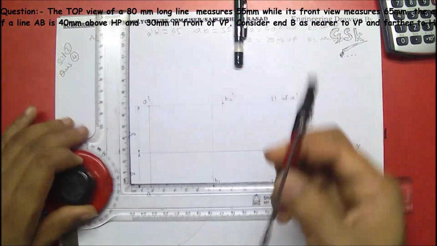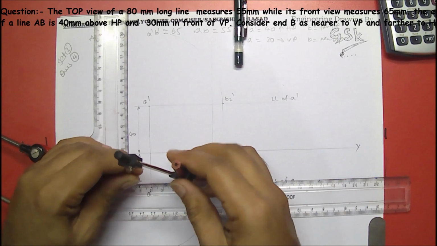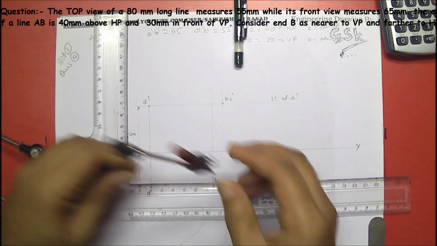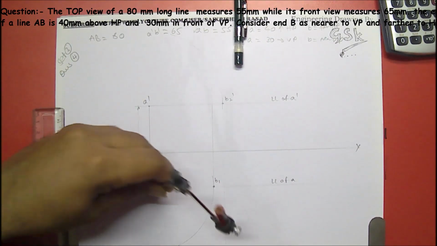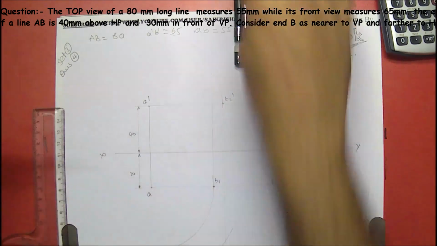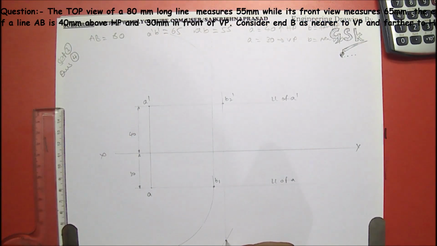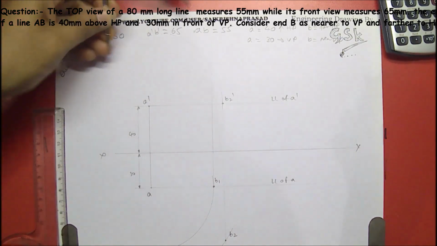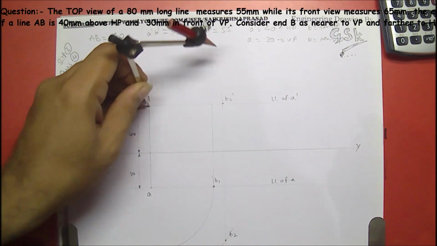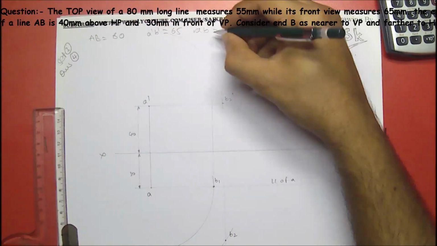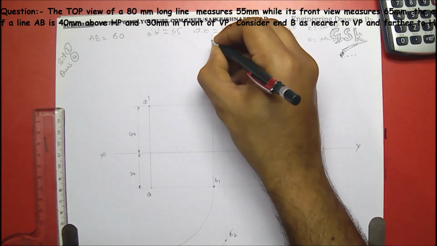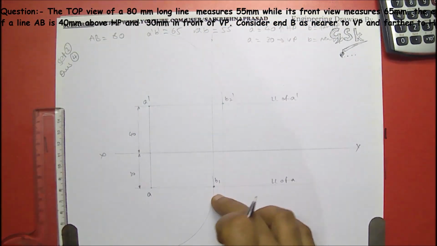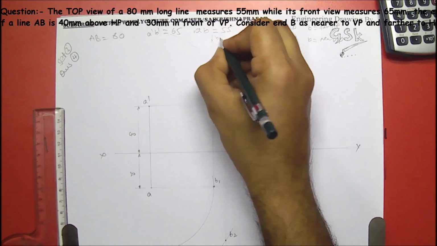Next, measure the true length, that is 80. Keep on A, draw it. This would be B2 point and this would be B1 dash, right?